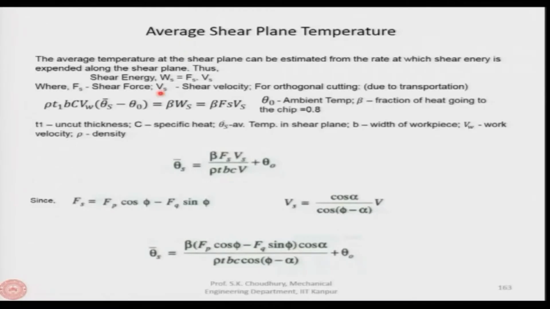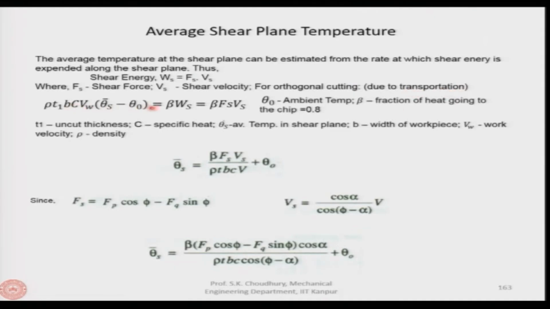So, there is a thermal model through which we can find out the average shear plane temperature. If you see the slide, I will repeat once again that it can be measured from the rate at which the shear energy is expended along the shear plane, where Ws is the shear energy, equal to Fs into Vs. For orthogonal cutting, due to transportation, heat is being transported.